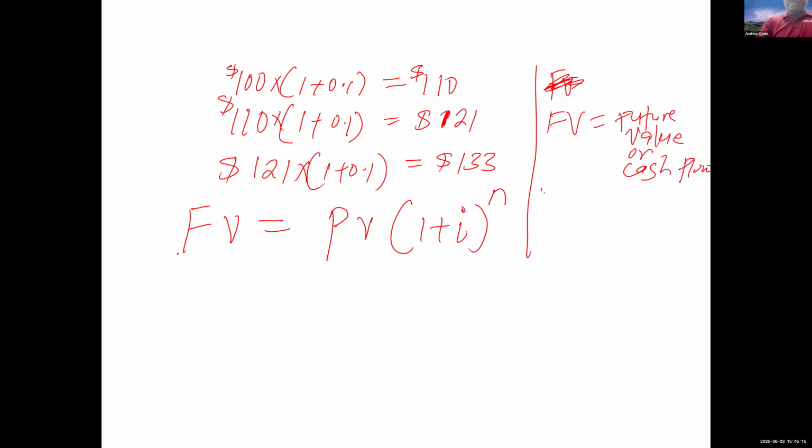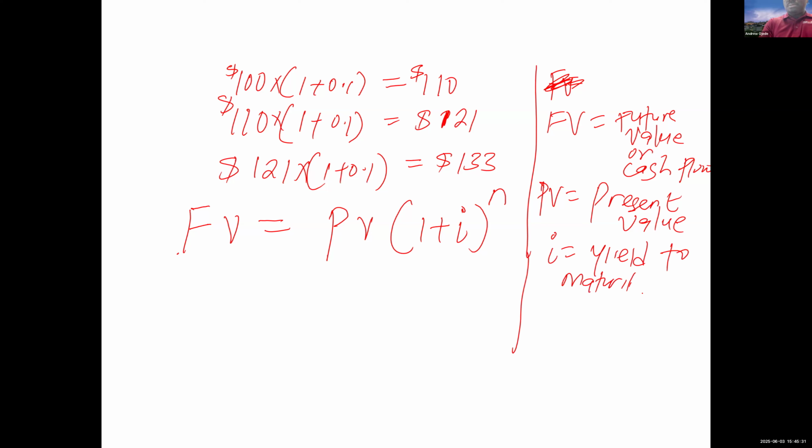PV is the present value, the value of your money today. And i is the yield to maturity, or you can just call it the interest rate. And n is the number of years to maturity.